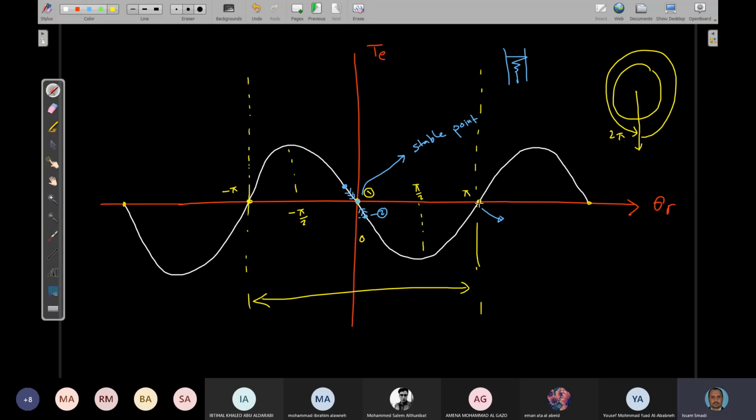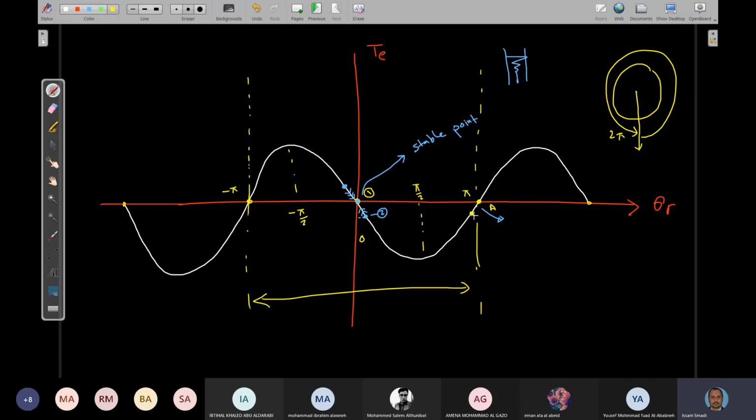Now, what about this one? If I am here at this point, point number 3 or A, whatever, can I stay here? No. Why? Because there's a torque. If there's a torque, now I should move. If this torque is positive, I will go increasing theta.